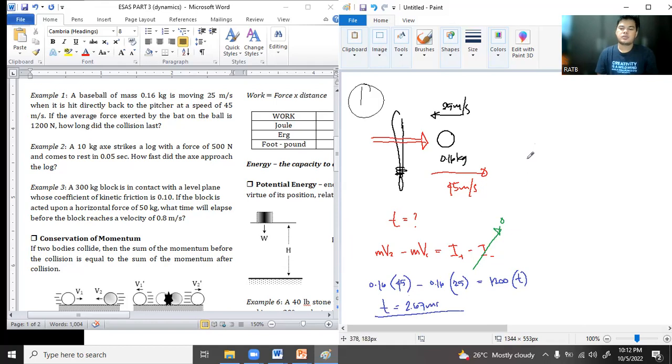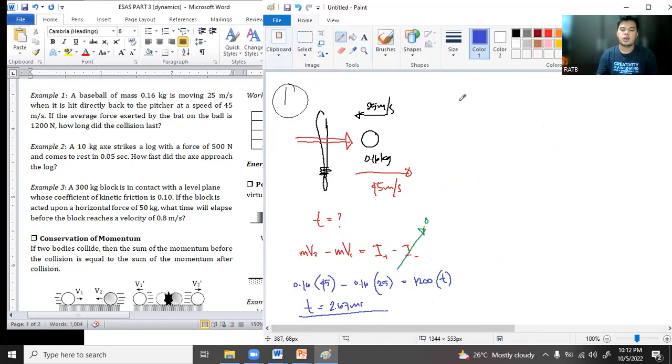Another, alternate solution for this one would be to use the reverse effective force. This is the second option. After the ball is hit by the bat, it returns at a speed of 45 meters per second.